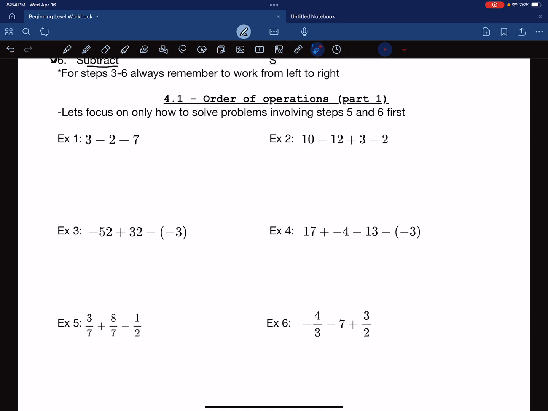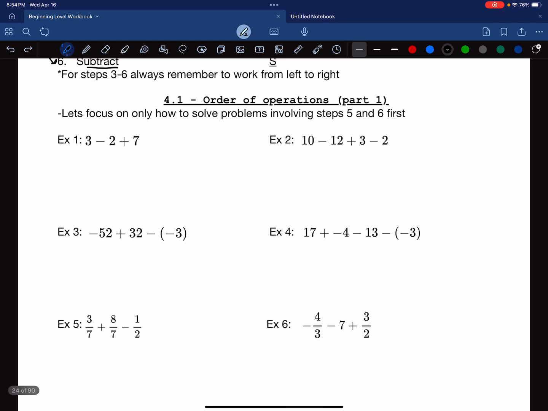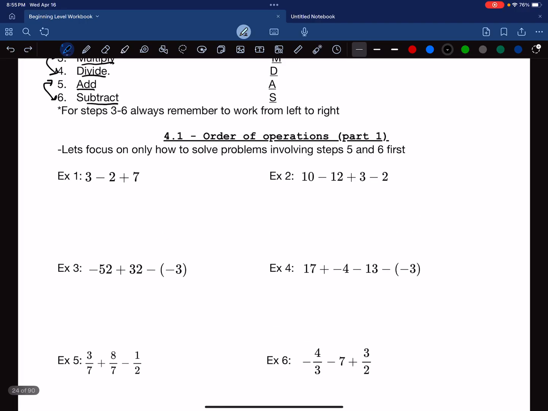So in this case, for 4.1, we are just going to be focusing on steps 5 and 6. I'll write that up here. Steps 3 and 4 will be in another section, and this one is going to be steps 5 and 6 on their own.